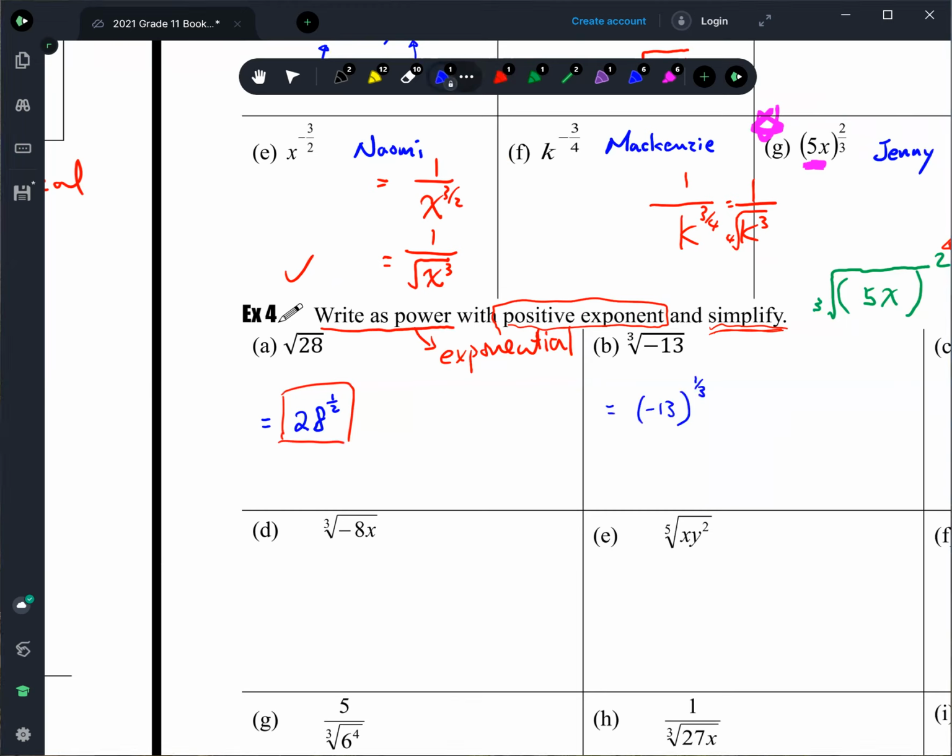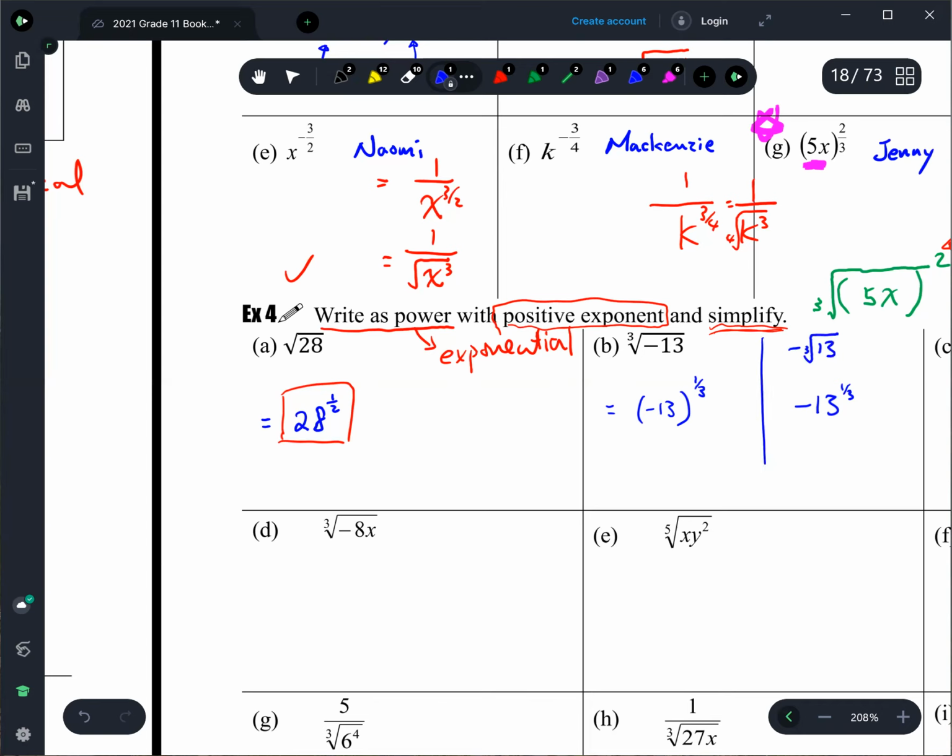Very good that you did a bracket, because if you don't have the brackets, if your answer looks like that, that means the 1/3 is only applied to the 13. Then the question should look like this. These are two separate answers.